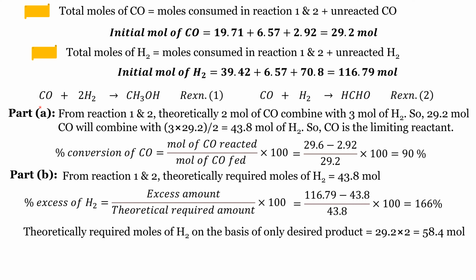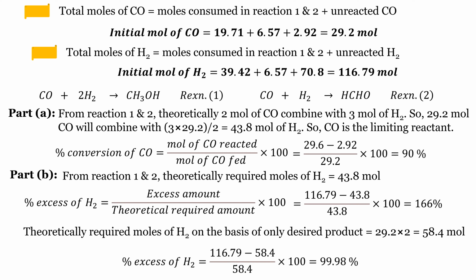In reaction 1, 1 mole of CO is combining with 2 moles of H2. So we have the available amount of CO as 29.2 moles. So 29.2 moles of CO will combine with 29.2 into 2 moles of H2. So 58.4 moles of H2 will combine with 29.2 moles of CO.